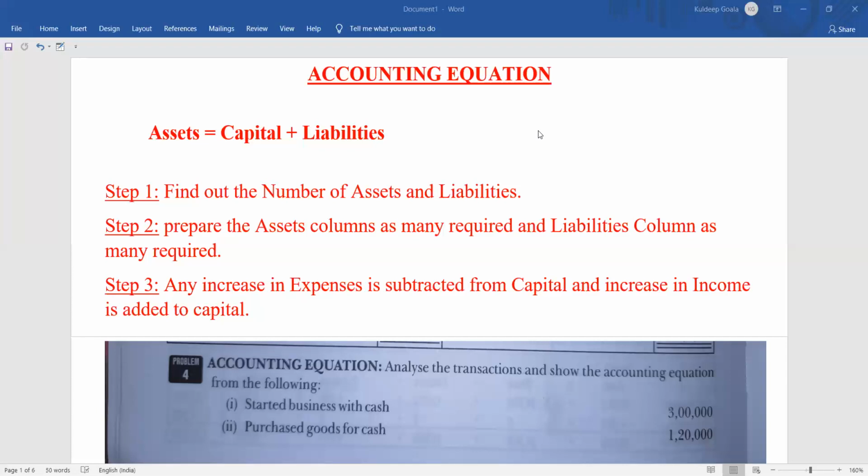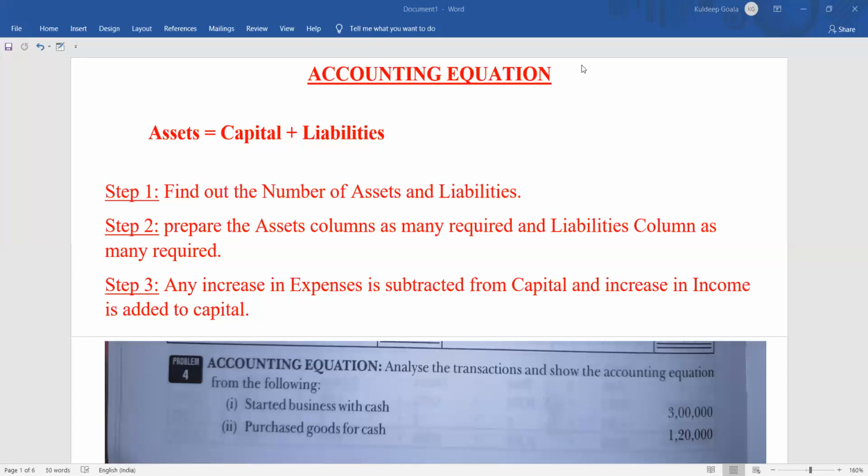What is your liability? What you are taking from your relatives, that is 1 lakh, plus the bank loan of 3 lakh, right? That is the liability. So capital plus the bank loan and the amount from the relatives are compositely giving you the total asset. That is, your asset will always be equal to your capital plus your liability.